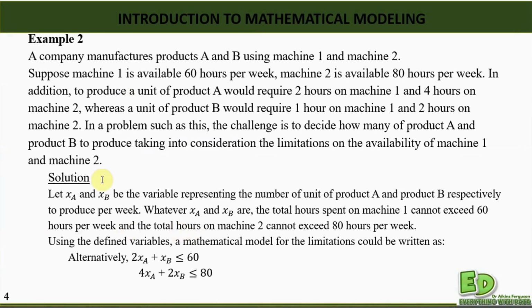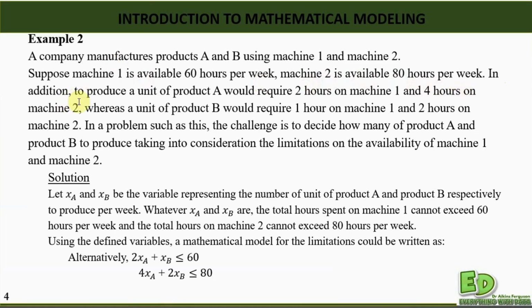So now let's take this practical example here that will help us to understand the formulation in detail. The company manufactures products A and B using machine 1 and 2. Suppose machine 1 is available 60 hours per week, and machine 2 is available 80 hours per week, right?